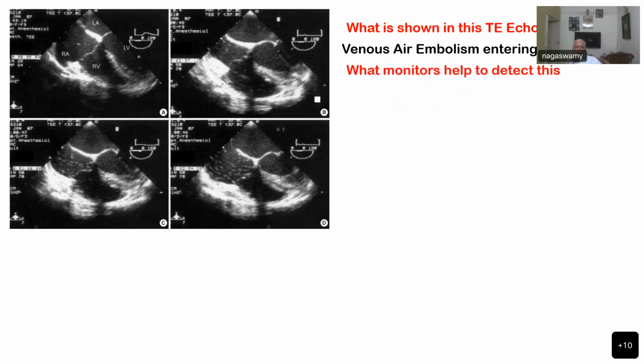What monitors help to detect if there is a venous air embolism? Capnography, Doppler.